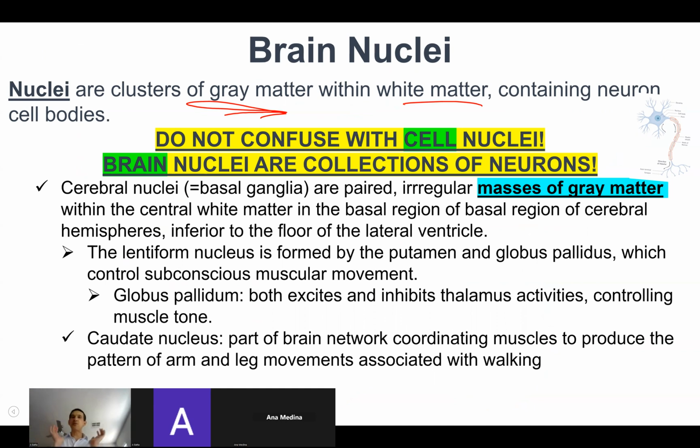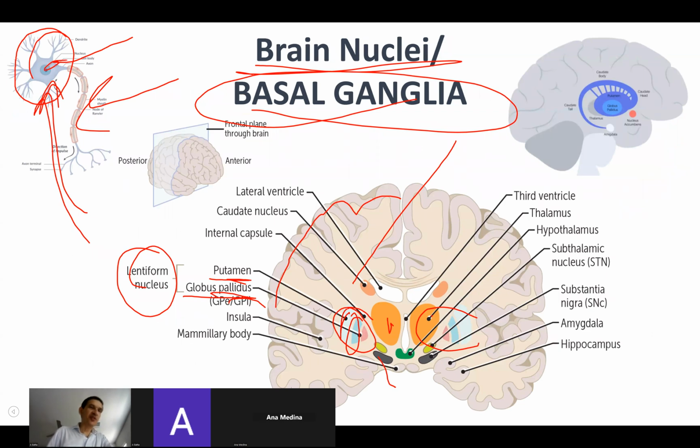So normally gray matter is around the white matter, right? That's where all the axons are coming from. But sometimes we have that gray matter smack in the middle. Those are nuclei. Do not confuse this with cell nuclei. Cell nuclei are obviously just that part of the cell, the command and control center of the cell.